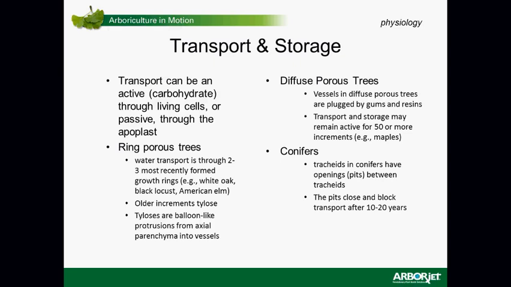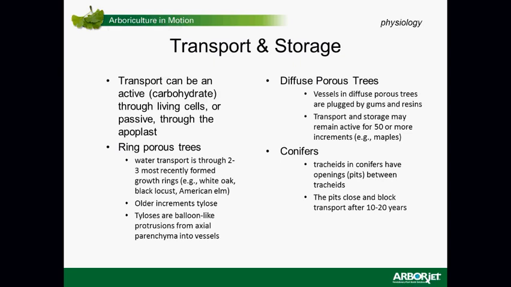It didn't work very well for American elm. In some other species, it works pretty good. Other older increments do tylose, and tyloses are the blue line protrusions that occur from the adjacent parenchyma.